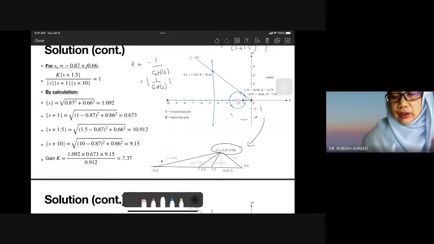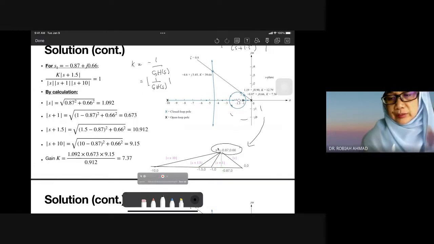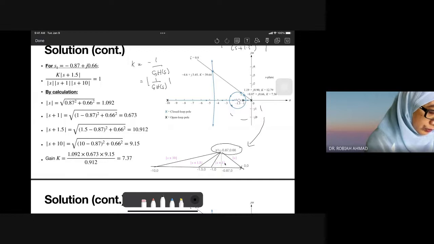Our S1 just now has coordinates minus 0.87 and the Y is 0.66. Now we want to determine the distance of that point to pole number 1, pole number 2, the zero, and pole number 3.